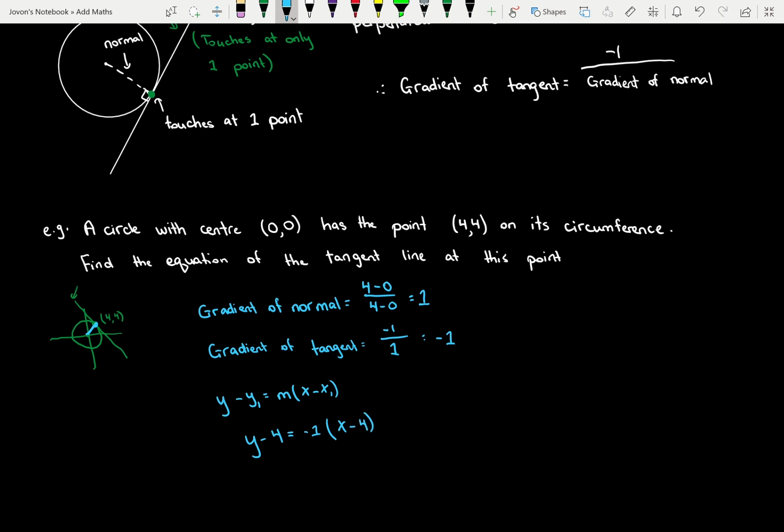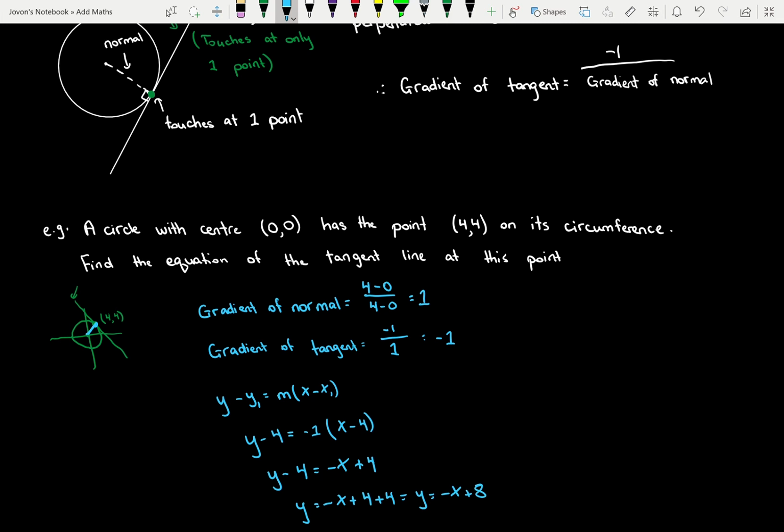So what we get is y minus 4 is equal to minus x plus 4, because we have a minus and a minus. Therefore we have y is equal to minus x plus 4 plus 4, which is y is equal to minus x plus 8.